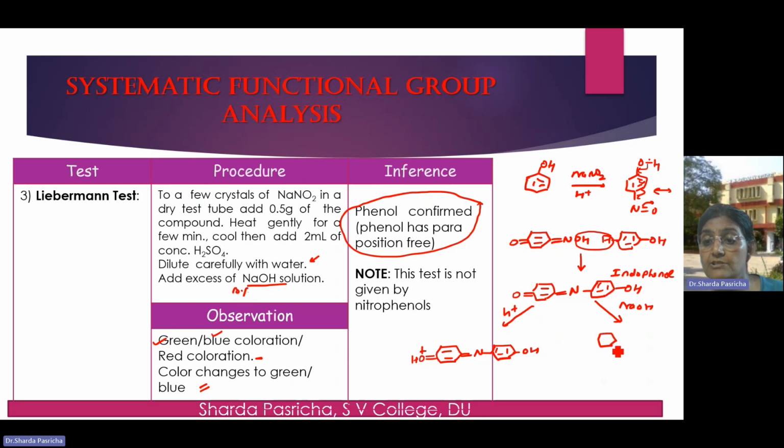Again, that will be stabilized by resonance.